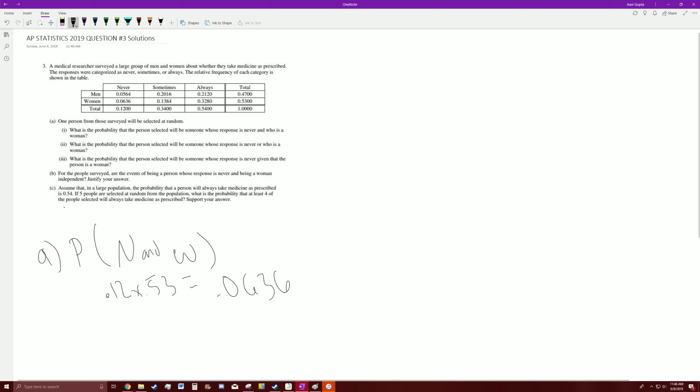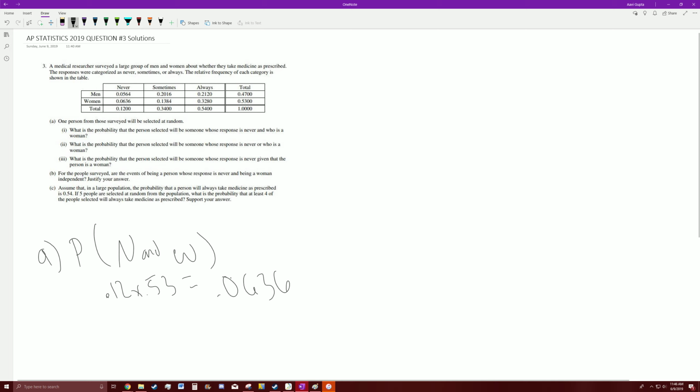So 0.12 times 0.53 is equal to 0.0636. Now, a quick shortcut is that this number right here is always this event multiplied by this event. So if you just realize that this question is an and, you can multiply it. But you can also realize that the probability of woman and never is right here on your two-way table.